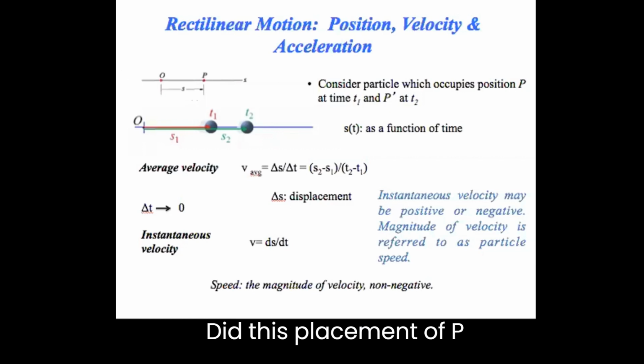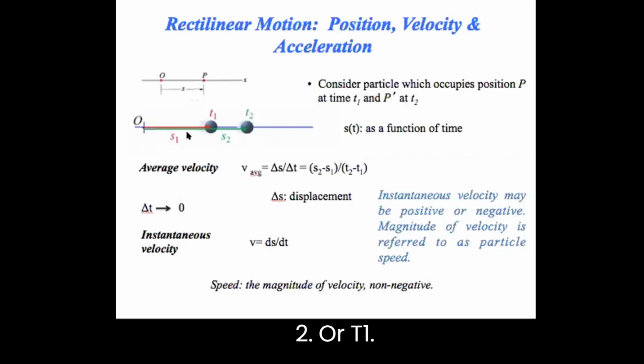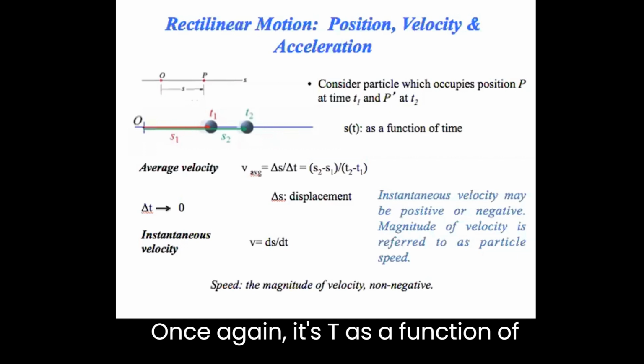The displacement of P during an interval of time from t1 to t2 is the change in the position, s(t2) minus s(t1), where s(t2) or s(t1) denotes the position at time t2 or t1. Once again, s is a function of time.